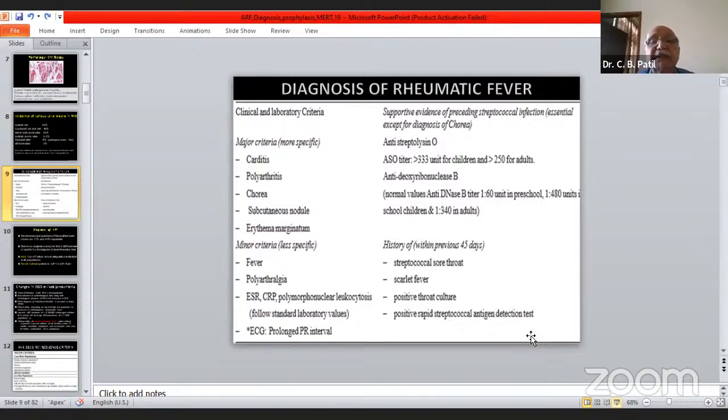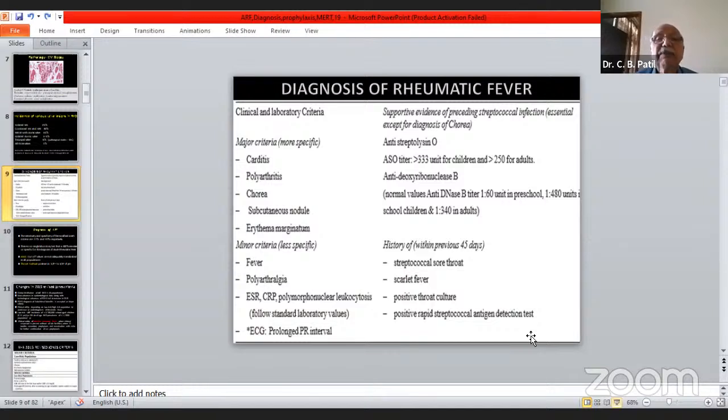Hence, they are all less specific. Along with these major and minor criteria, there should be supportive evidence of preceding streptococcal infection, which is essential, except in chorea, which is a very late manifestation and may not need the other streptococcal evidence.